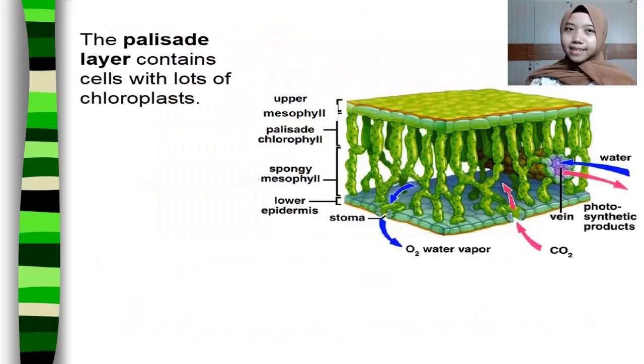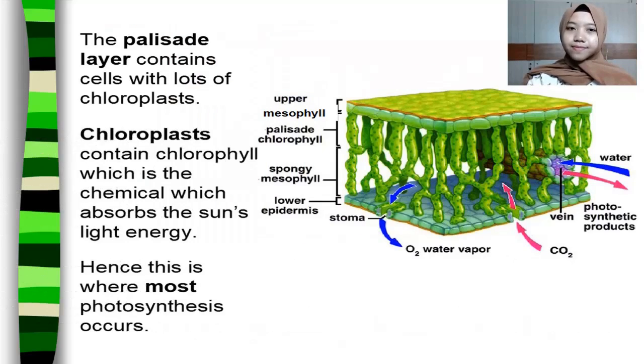The palisade. The palisade layer contains cells with lots of chloroplasts. Chloroplasts contain chlorophyll, which is the chemical which absorbs the sun's light energy.